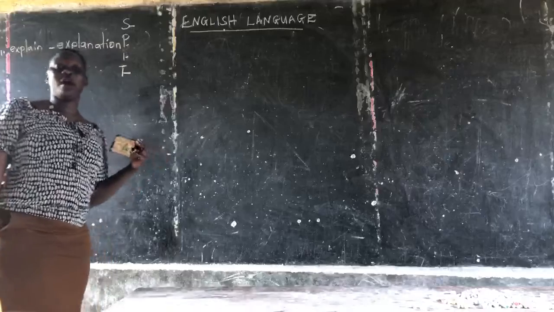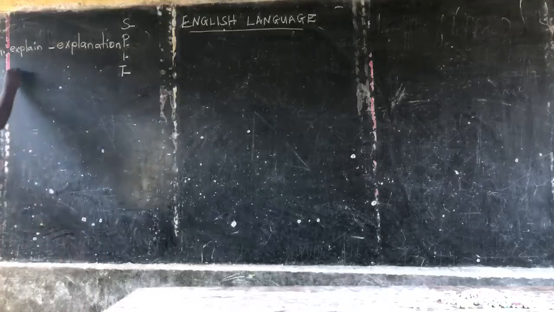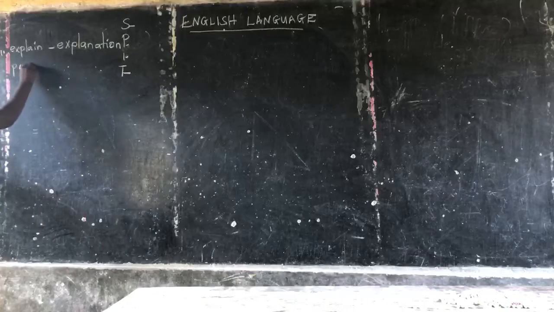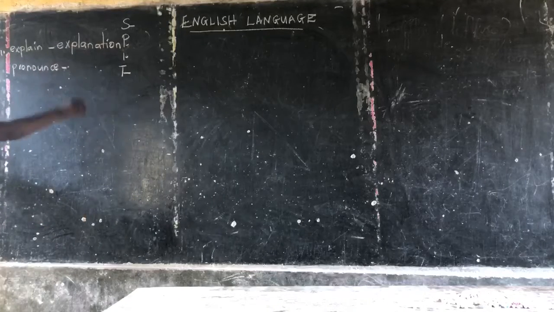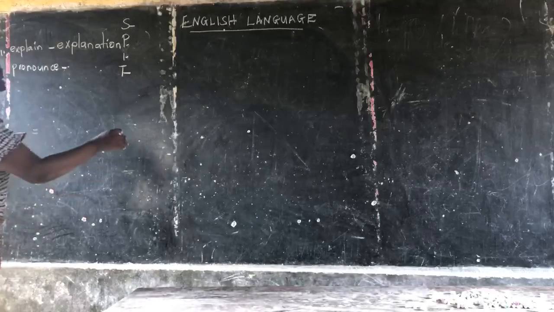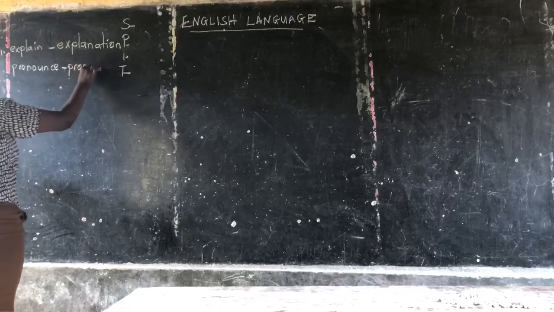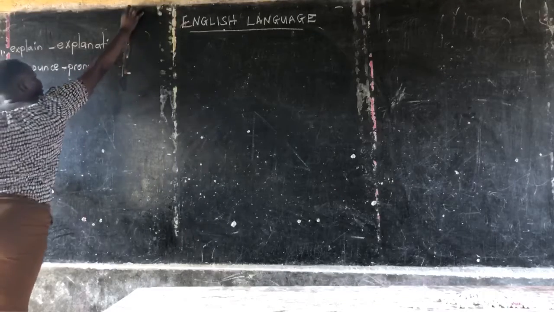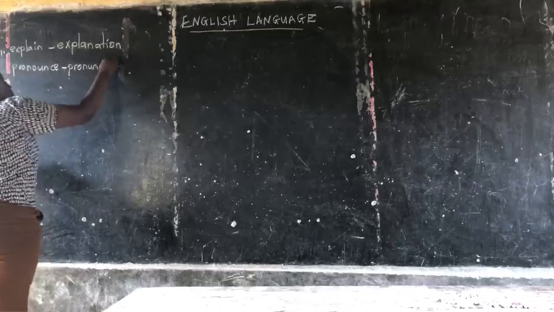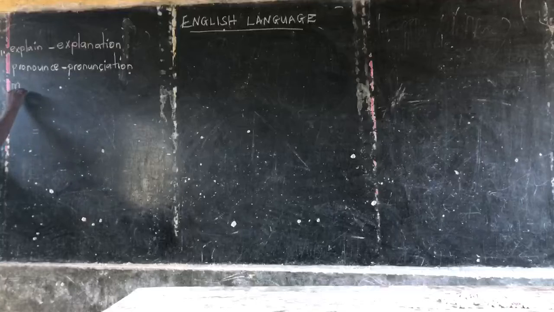There are like 4 abstract nouns where we normally drop some letters. Another one is to pronounce. When you are pronouncing a word, that means you are making it the right pronunciation. Let us come up with the spelling of pronunciation. Then you have to maintain.